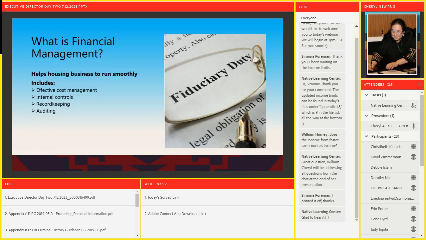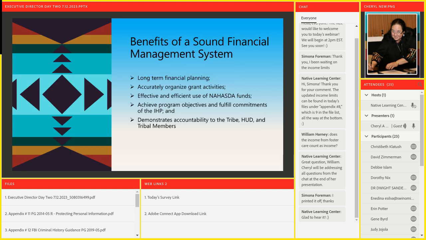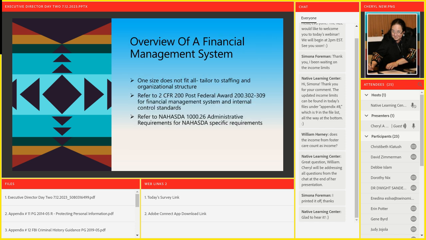And financial management, the key areas, okay? It helps your business run smoothly. Sorry, I'm running over, guys. Effective cost management, internal controls, record keeping, auditing, benefits, long-term financial planning, accurately organize your grant activities, effective and efficient use of your NAHASDA funds, achieve program objectives, fulfill your commitments that you put forth in that IHP, demonstrate your accountability to tribe, HUD, and your tribal members.